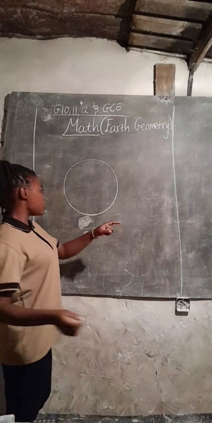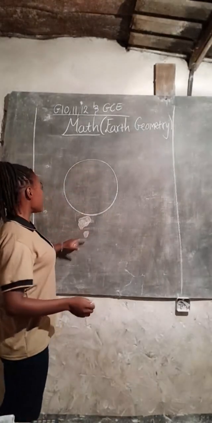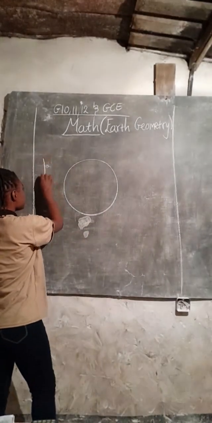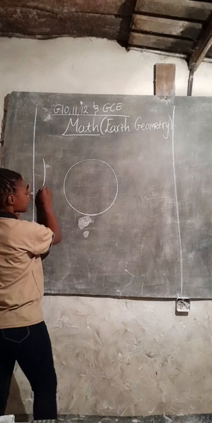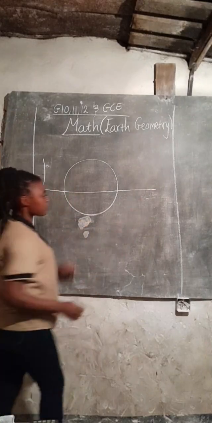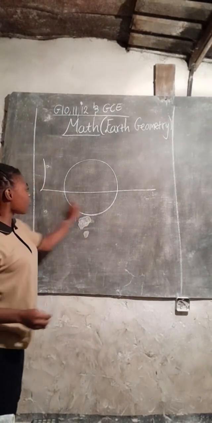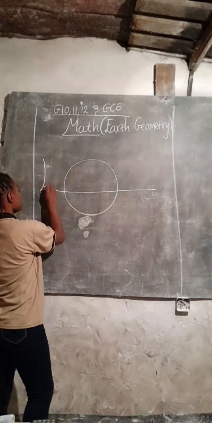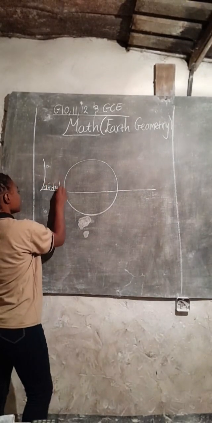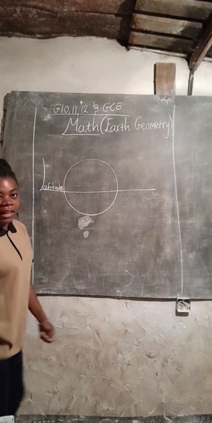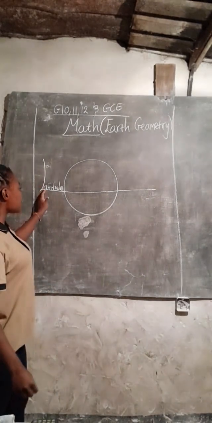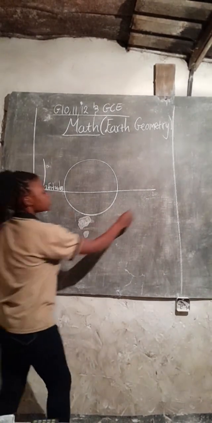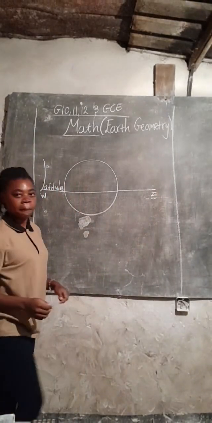So I'll begin with the latitudes. When you look at this surface of the earth, the latitudes are the lines that are coming from the west going to east. And so these lines that are going like this are called the lines of latitude. So the lines of latitude are the lines that are running from the west going to the east.